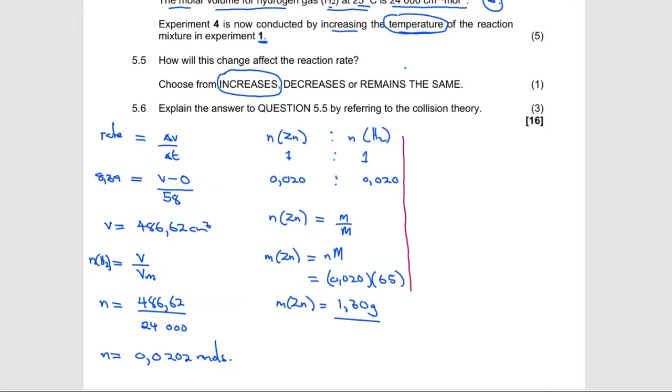So in terms of 5.6, at high temperature, the average kinetic energy, EK, of the particles is higher.